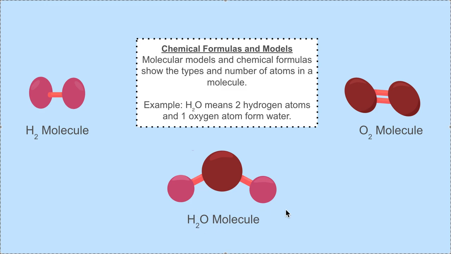So for instance, for the water molecule, it says H2O. The little 2 subscript lets us know that there are 2 hydrogen atoms and 1 oxygen atom in this molecule of water, H2O. In hydrogen gas, it says H2, so that tells us that the atoms in this molecule are hydrogen and there are 2 of them. And then for the oxygen molecule O2, we can see that the type is O for oxygen, and again, there are 2 of them.